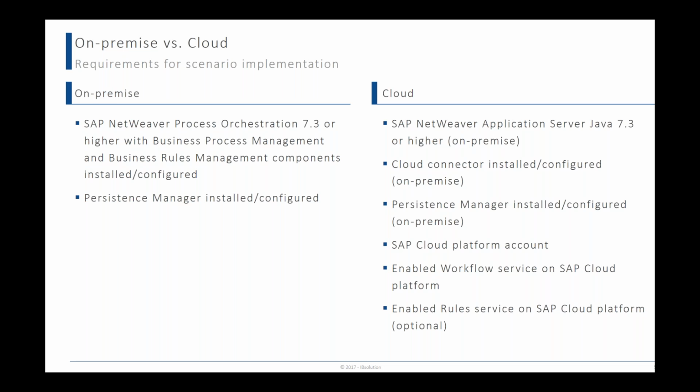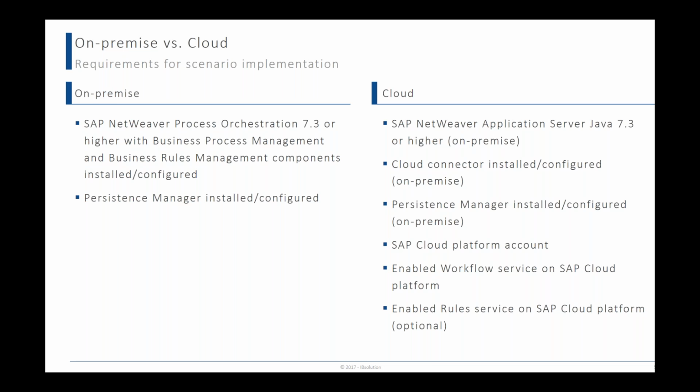In the cloud, apart from the server you would need on-premise to run the persistence manager and to expose the REST interfaces to the cloud, you would need a cloud connector, which is standard. If you want to communicate in hybrid scenarios from your on-premise to the cloud, you always need that cloud connector. So you probably already have it set up if you already have some implementations in the cloud.